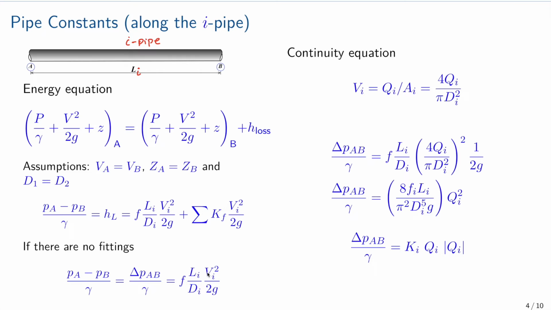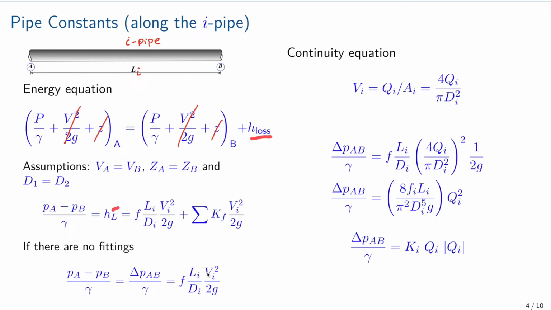We can include different heights. So we are canceling the velocity and the height, and we just have PA and PB. So PA, the pressure at A, minus PB, divided by gamma, equal to HL. This is the one that survives, the loss.